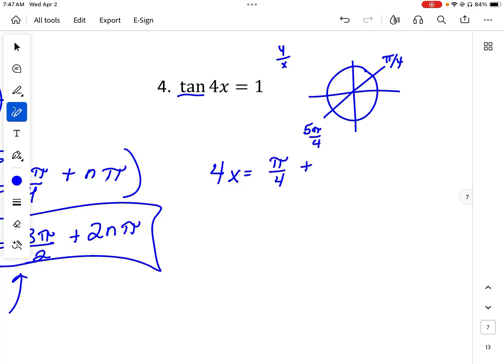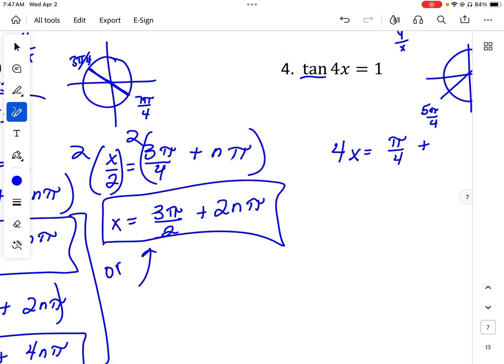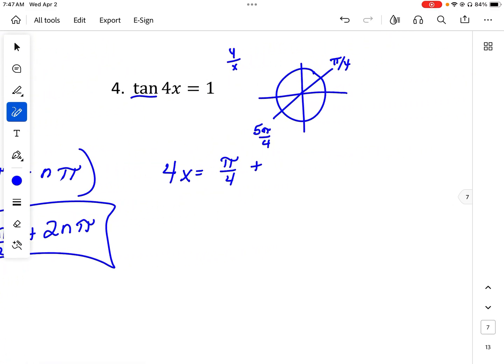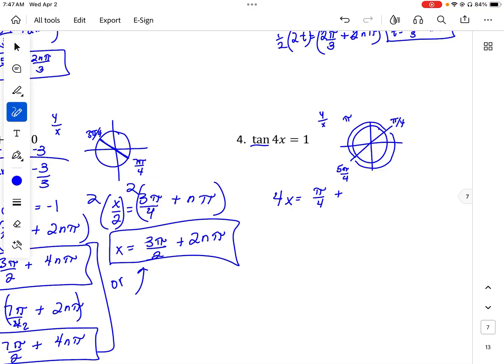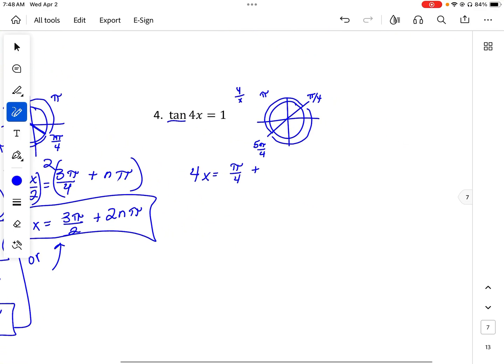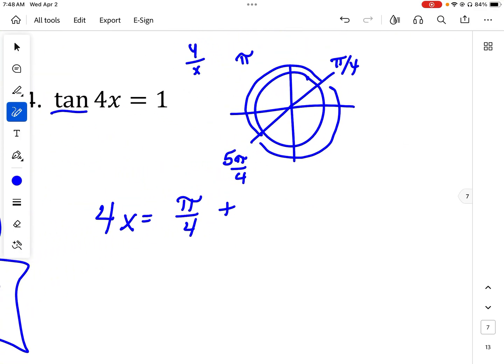4x equals pi over 4 plus, so remember how I said on the last one we could have done it this way? Let's just go and do it this way to begin with, where we just have 180 degrees, which is pi, and then see how it goes pi each time. This would be n pi.